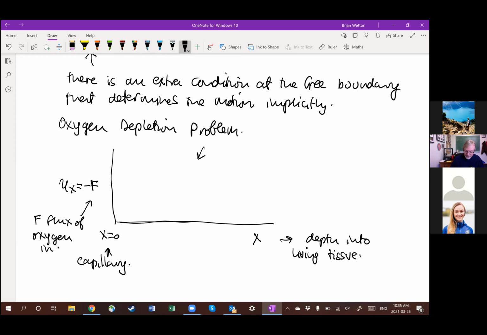And then the problem is going to be for U of X and T. This is going to be the scaled oxygen concentration. The oxygen will diffuse. I've scaled it so it's got diffusion coefficient 1, and it will be consumed.